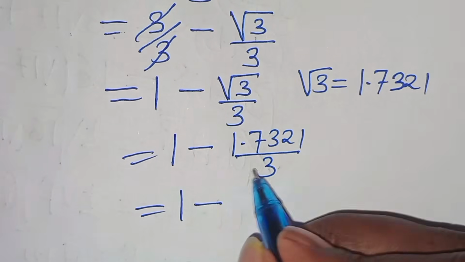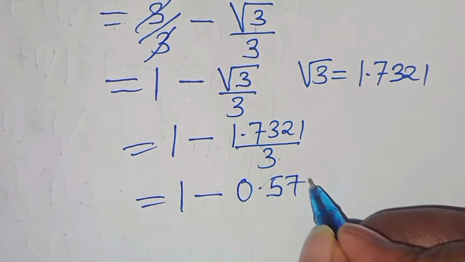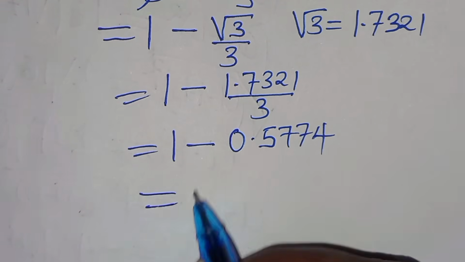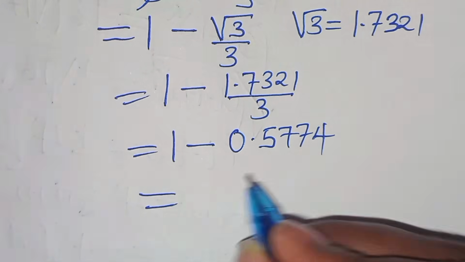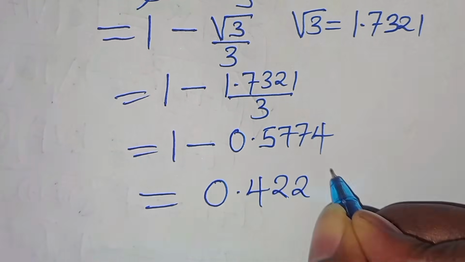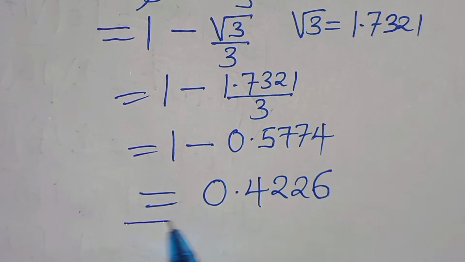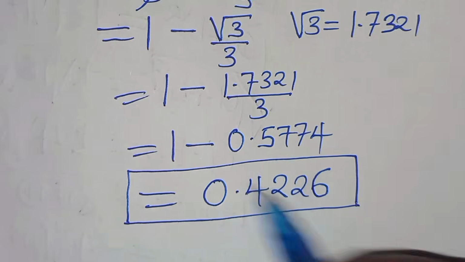This is the same thing as 0.5774. And this implies that 1 minus 0.5774 is the same thing as 0.4226. So this is the value, the solution to this square root math problem.